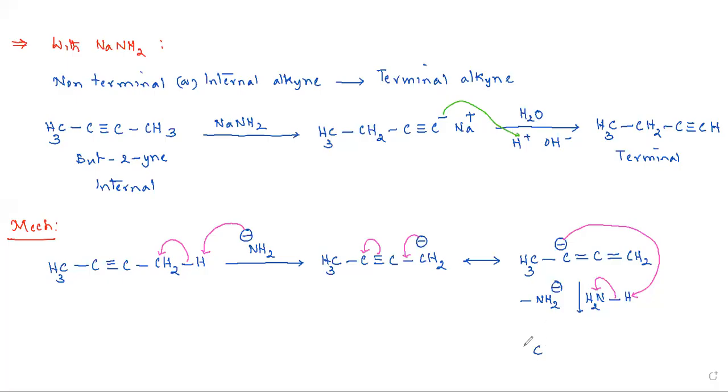Okay, then this will be CH3, then of course a CH double bond C double bond CH. An allene type of structure. This on further treatment with another molecule of base.